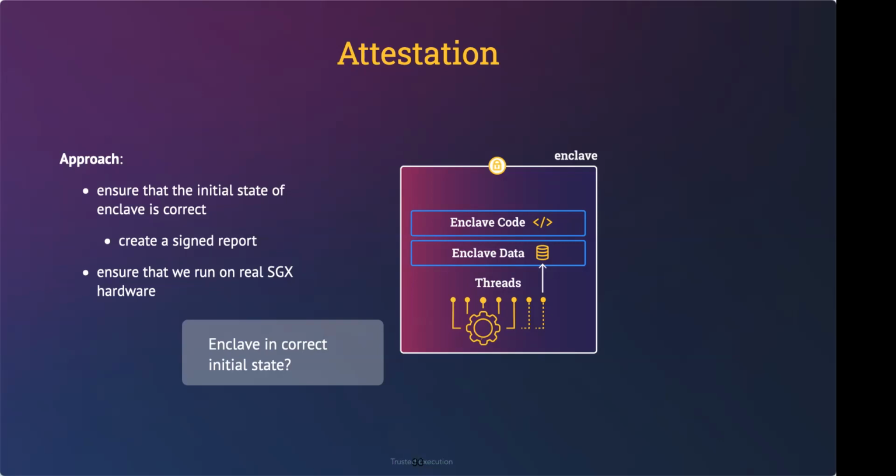So you have this enclave, you have initial data in there, you have code in there, you might have a set of threads in there that you can start, and you want to see: is my code, my data that is in there initially in that enclave, what I want it to be, like the code of MariaDB.